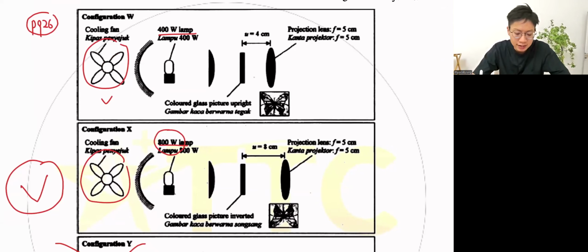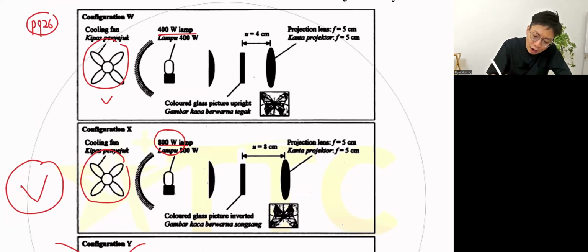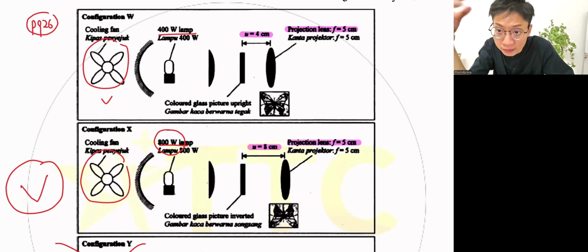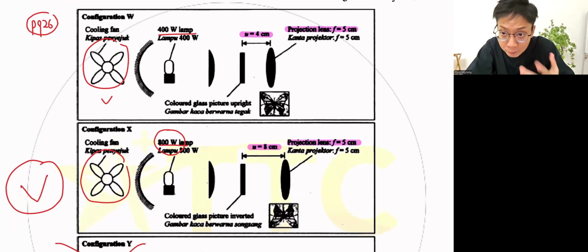Okay, guys, I want you all to check something first. Now, how are we going to explain this? You see, the projection lens has a focal point of 5 cm. Then the U is 4, the U is 8. What is U? U is the object distance, where the object will be placed.